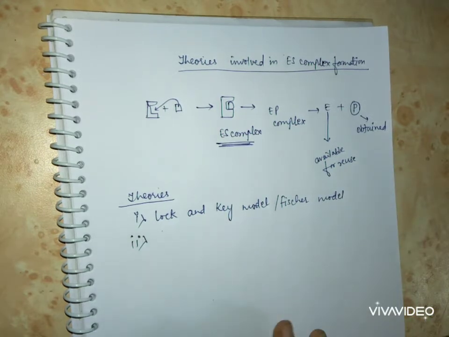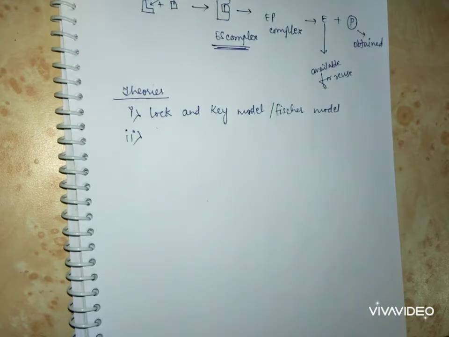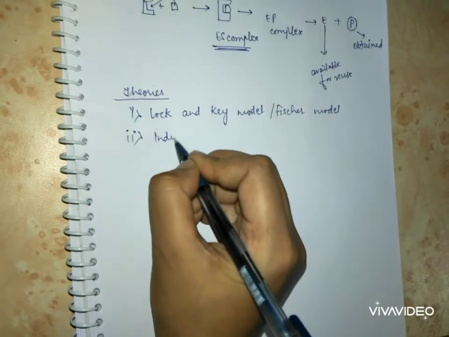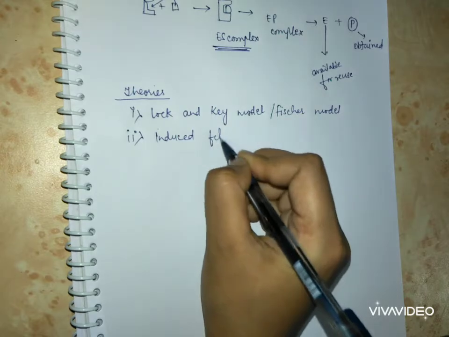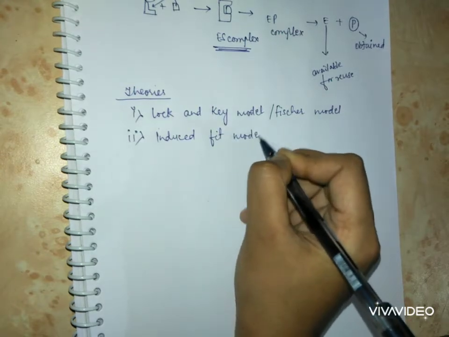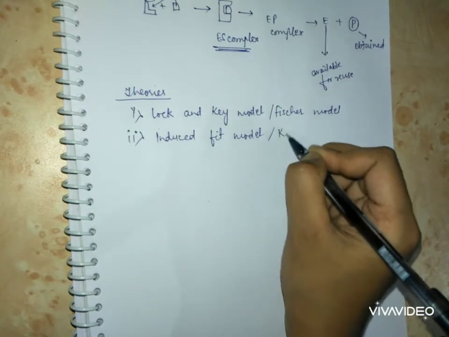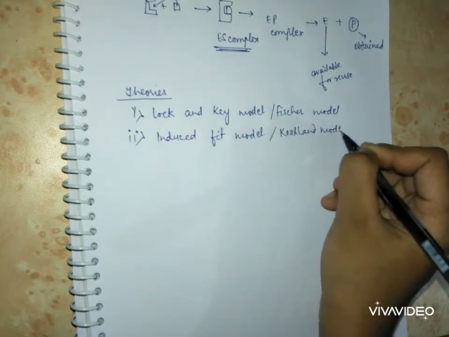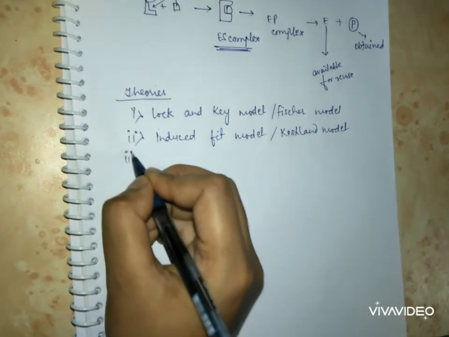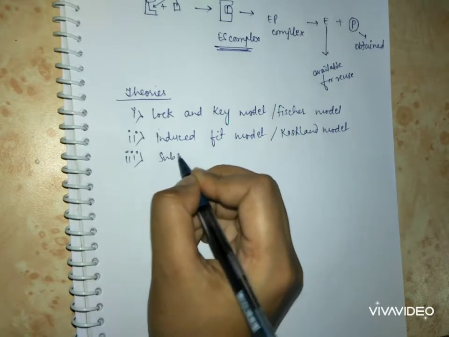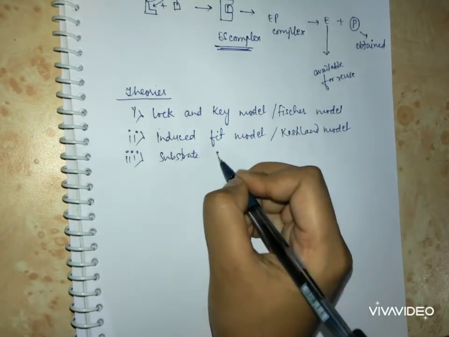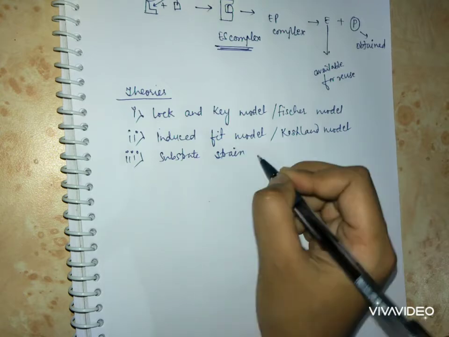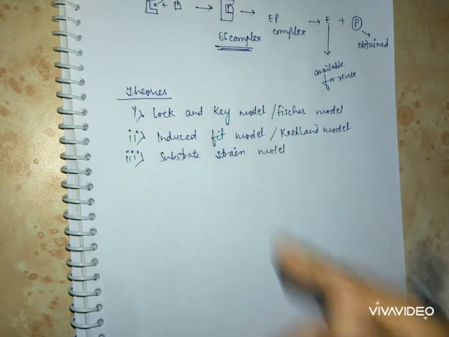Number two is the induced fit model, or we say the Koshland model. And number three is the substrate strain model. In this video, we'll discuss only the lock and key model.